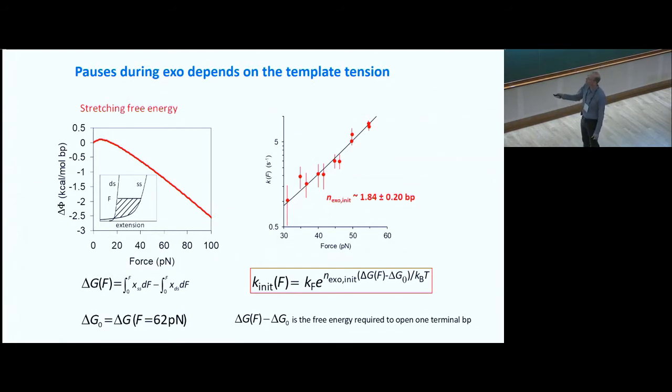So it's how much you're destabilizing the DNA, basically, is what this delta G is. And n is the number of bases. So we're saying this is the delta G per base pair, and n is the number of bases that you're destabilizing. And if you fit the data to this, you get n is about 2 base pairs.